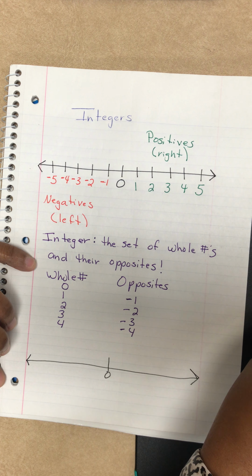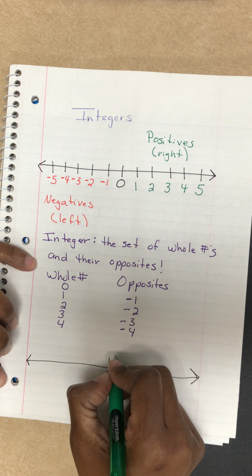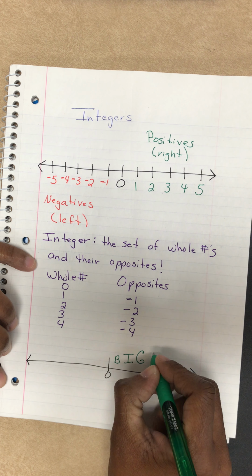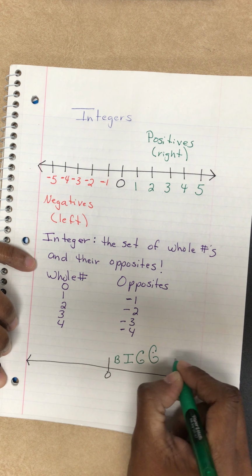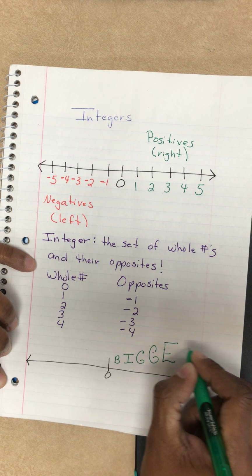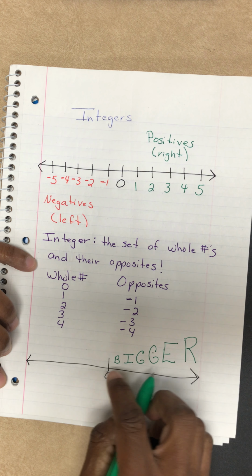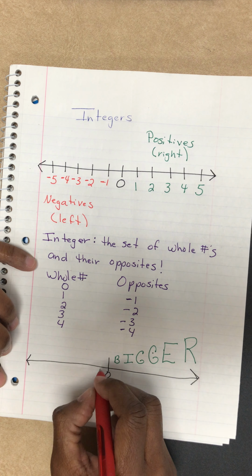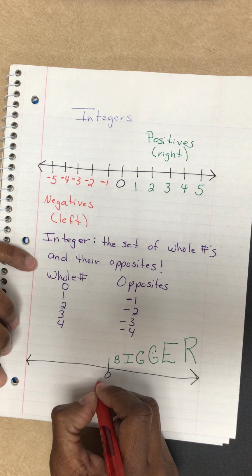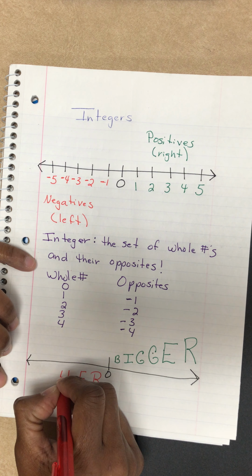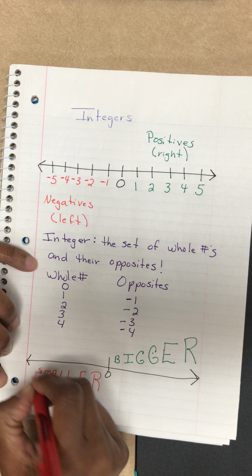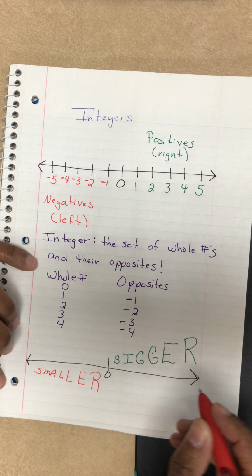So as you go to the right, sorry, that's the bell. The numbers get bigger. And as you go to the left, the value of the number gets smaller.